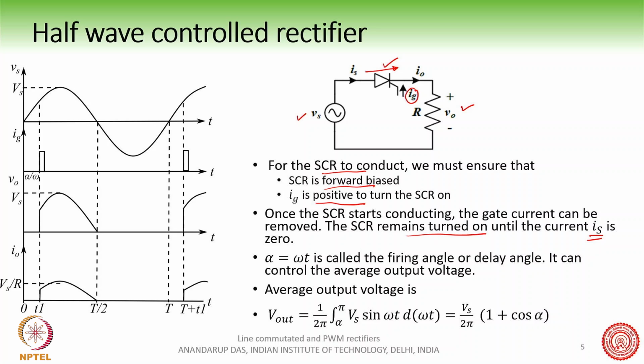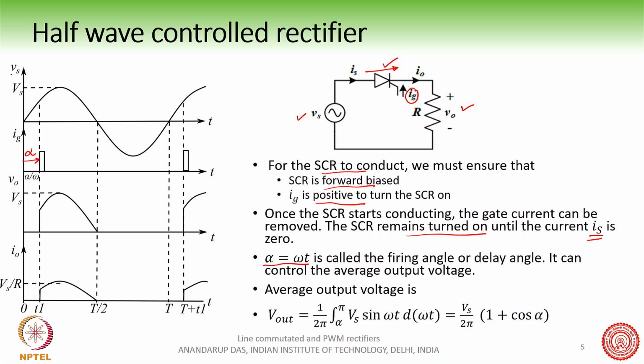Now if you see the waveform, when you fire the SCR, we use the word firing angle, denoted by the letter alpha, also called the delay angle. This is alpha here, where the gate pulse to the SCR is given.